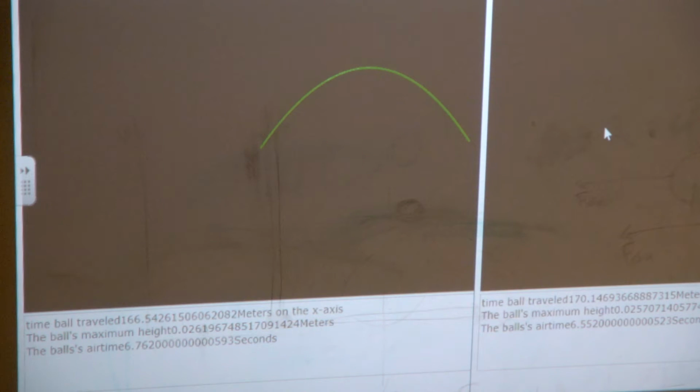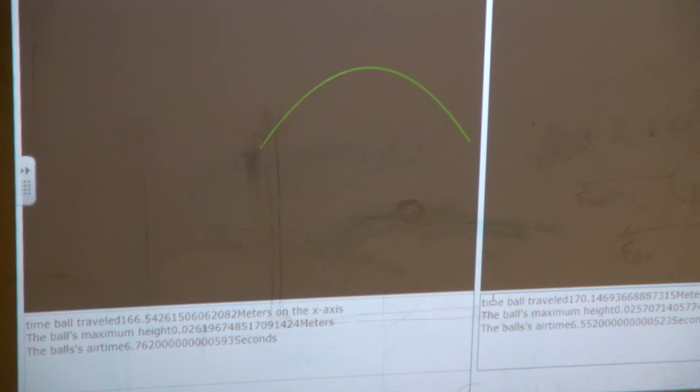Alright, so on the right is our red one, which is with air drag. The ball travel was 170. The maximum height was approximately 0.27, and the air time was 6.55. Over here to the left, which is our green one, you can tell there's a difference.